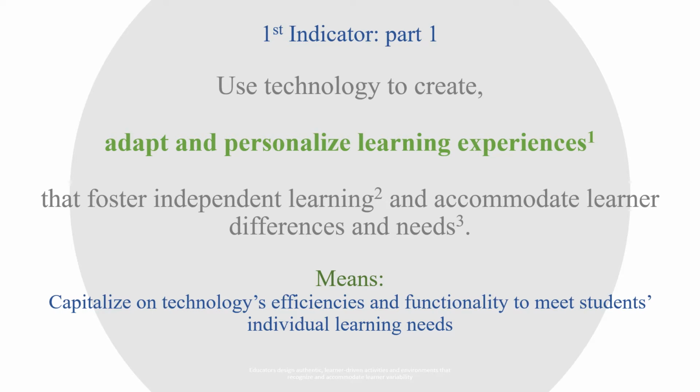This means capitalize on technology's efficiencies and functionality to meet students' individual learning needs by using tools like scaled tests and quizzes, adaptability tools and features, software data that can capture where students are struggling or spending the bulk of their time, competency-based learning resources, student reflection tools, project planning, organization, and time management tools, communication, collaboration, and individual research and curation tools, and tools that facilitate design and creativity.